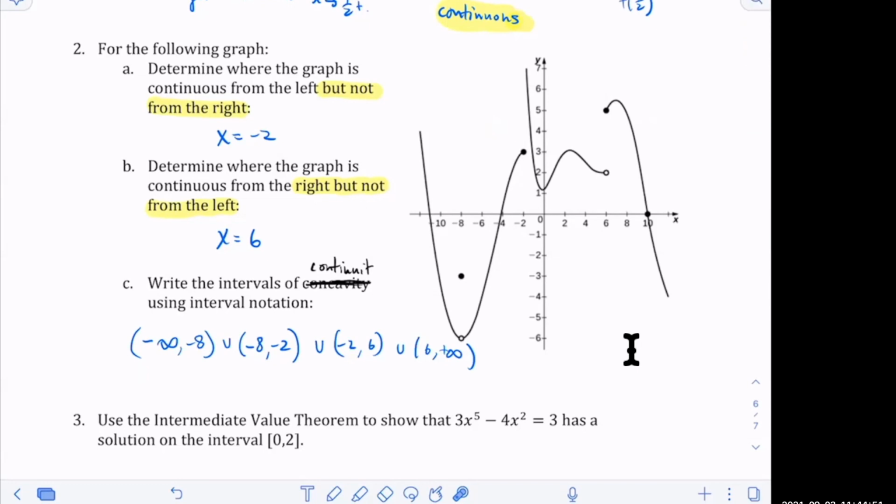Question. Yes, question. So for the union of -8 and -2, why wouldn't -2 be a bracket instead of parentheses? To be honest, I'm a little bit undecided if I want to write a bracket or a parenthesis.